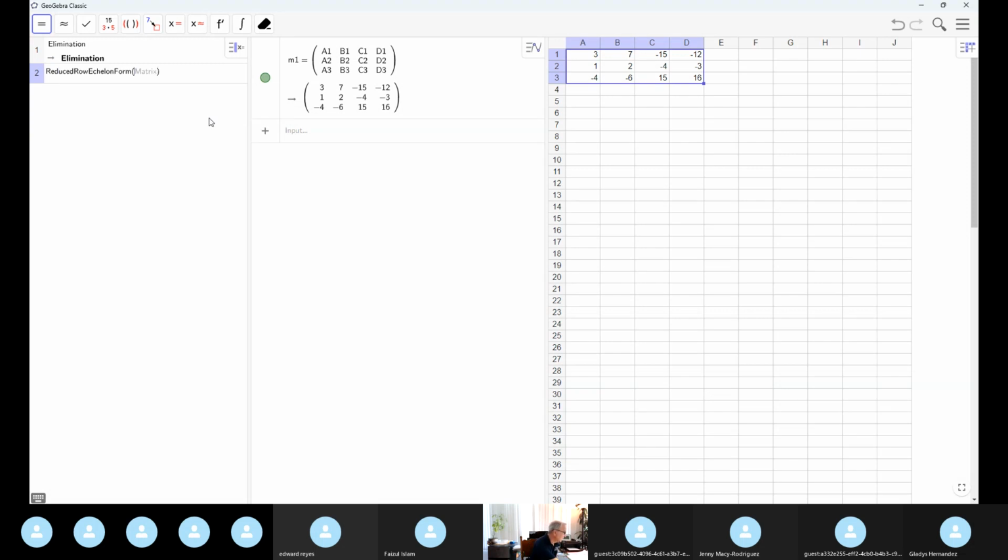Of what matrix? The matrix that the software called M1. You put M1 and you press enter. Bang, and that's it. You get directly the reduced row echelon form. So it is obvious that X is negative 1, Y is positive 3, and Z is positive 2.